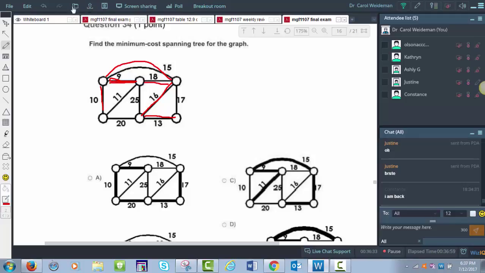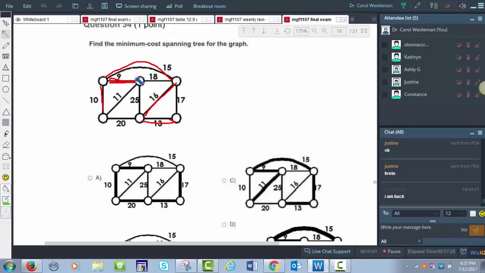Let me go back. Let me get these off of here for a second. I should have done the 15 here. I missed it. The 15 would go next. Okay, because then I'm not going to need the 18. What's next after this, and we did have the 13. The last one I need is the 16. If you notice now, I've connected all the vertices exactly one time with the shortest distances.